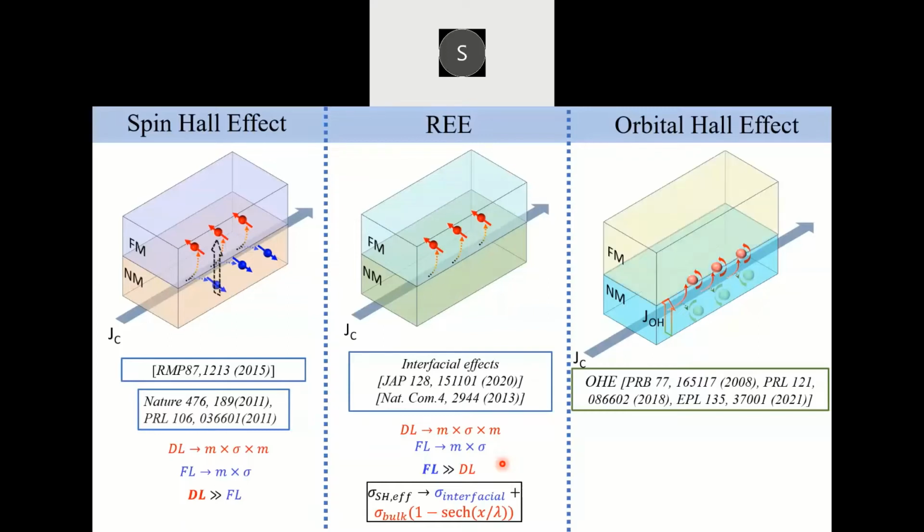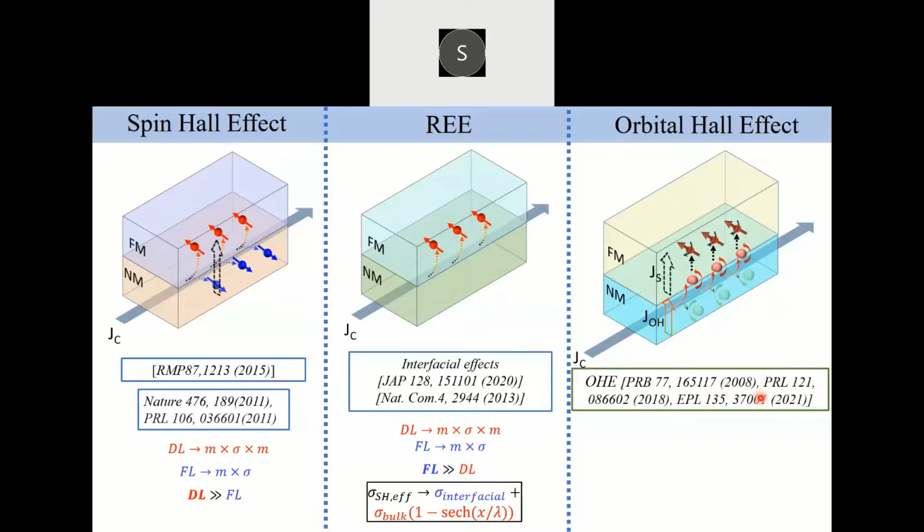So if the ferromagnet has high spin orbit coupling, then the orbital current can interact with the ferromagnet through its spin orbit coupling, which can convert this orbital current into spin current. This has been theoretically predicted and experimentally observed in the following papers.